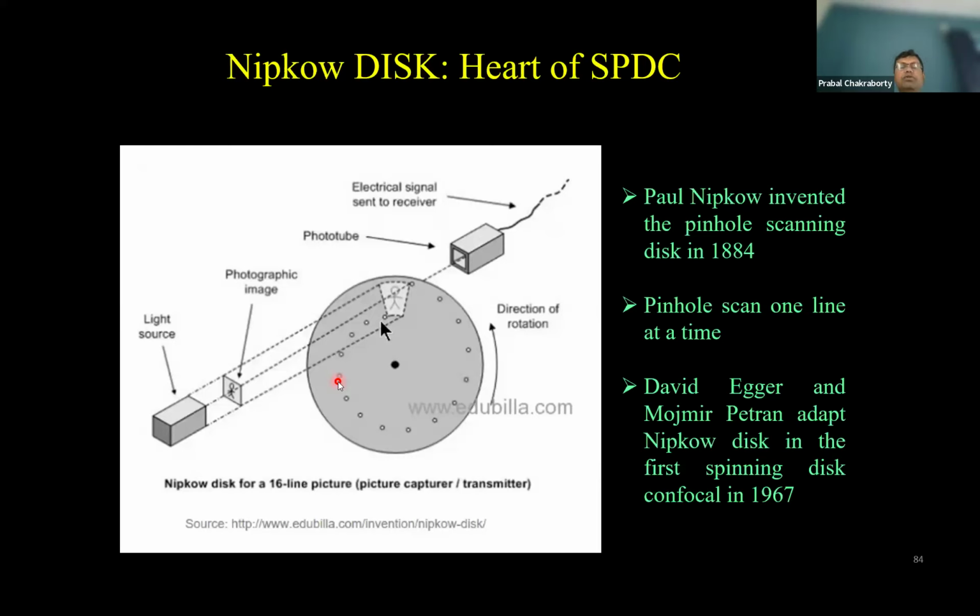This pinhole spinning disk confocal was first conceptualized by Paul Nipkow in 1884, and later on David Egger and Mojmir Petran, in 1967, made this instrumentation functional for imaging with spinning disk.